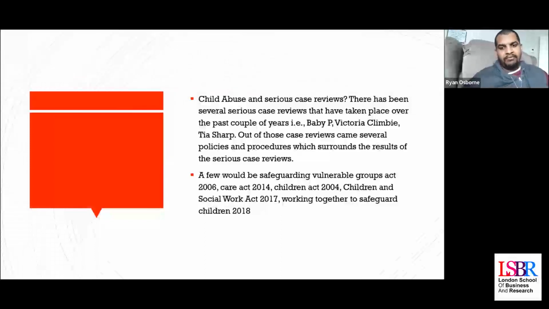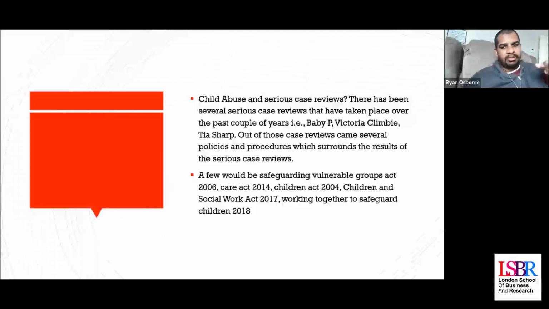Now, another act that came out of a serious case review was the Children and Social Work Act 2017. Pretty recent indeed. This act is all about looking at the looked after child.